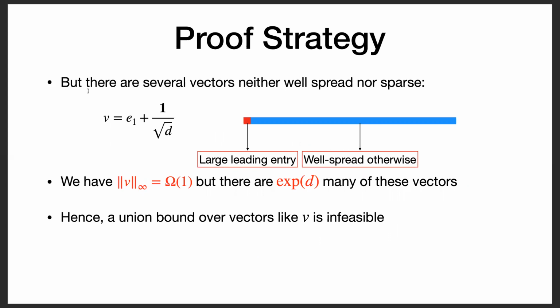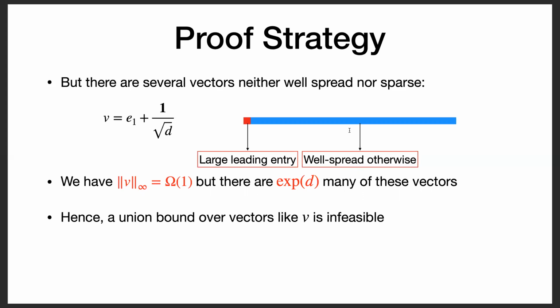but that on its own is not sufficient, because there are several vectors that are neither really well spread nor very sparse. For example, consider a vector that's the sum of the first standard basis vector plus the scaled all ones vector. In the visualization on the right, it has a really large leading entry, but all the other entries are pretty well spread.